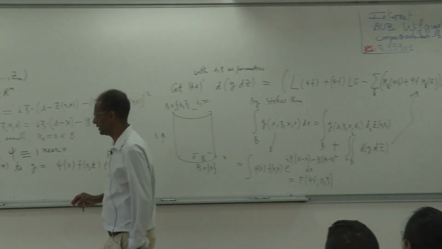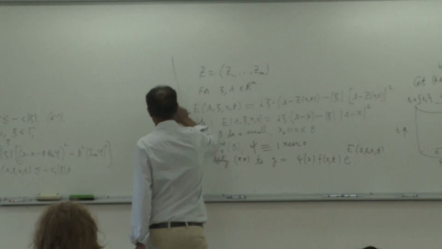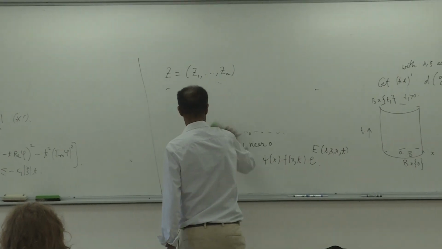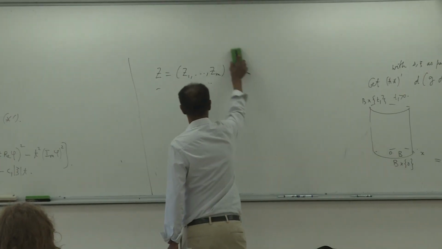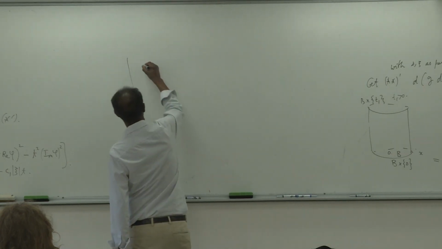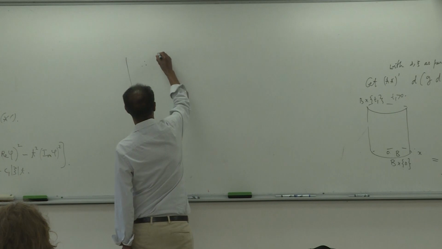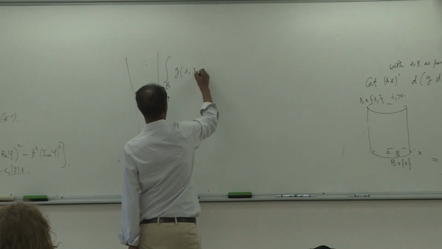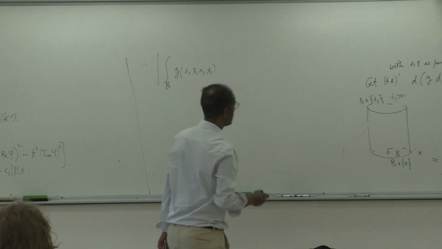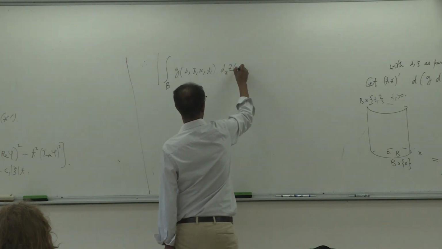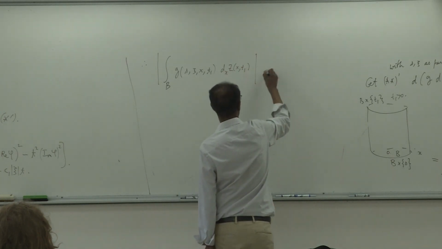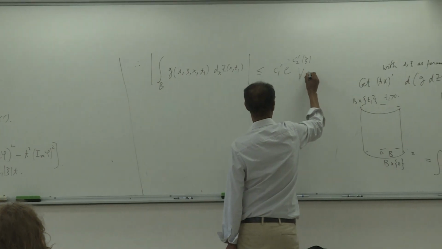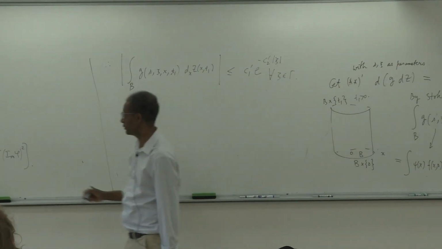So the first integral on the right, g of (s, C, x, T1), the differential, this norm decays like C1 prime e to the minus C2 prime norm of C, but for all C in a conic neighborhood. That's where this was valid.